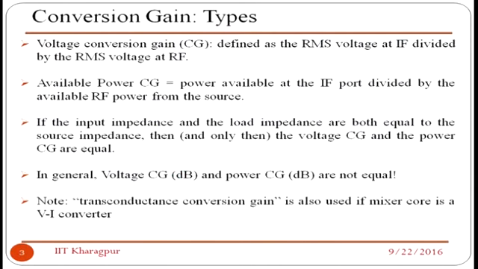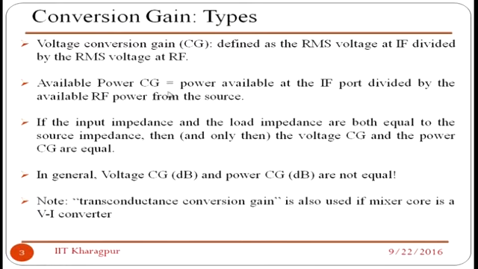So let us try to define the gain. As an amplifier you say only gain, but here we call it conversion gain, the RMS voltage at IF divided by the RMS voltage at RF. So both the frequencies are not the same.